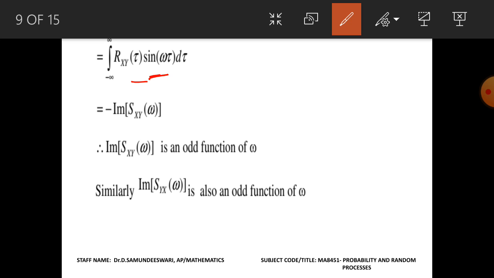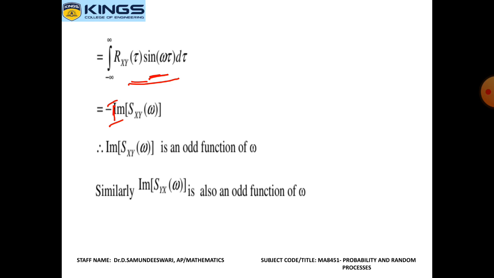Here sin is an odd function, so this integration is represented as an odd function of omega. So imaginary of Sxy of omega is an odd function of omega. Similarly, we can prove imaginary of Syx of omega is also an odd function of omega.